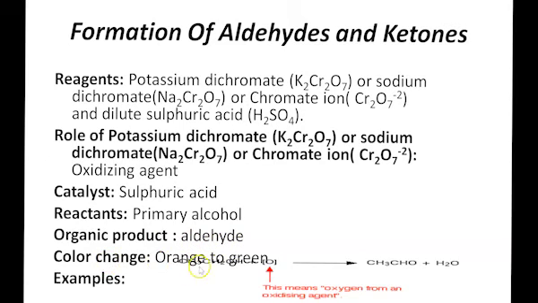Color change, orange to green. For example, here the aldehyde is formed when the alcohol gains oxygen. So aldehyde forms from primary alcohol: CH3CH2OH plus oxygen gives CH3CHO plus H2O.